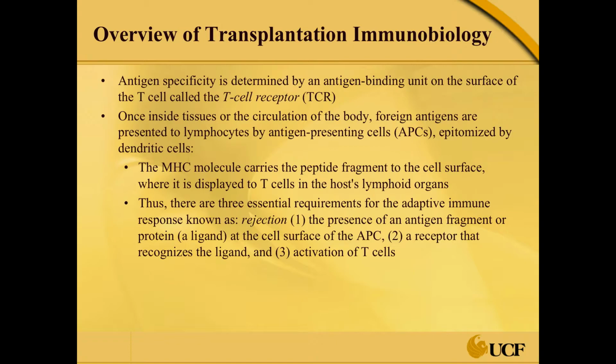Thus, there are three essential requirements for the adaptive immune response known as rejection. The first is the presence of an antigen fragment or a protein, what we call a ligand, at the cell surface of the APC, a receptor that recognizes the ligand, and then finally activation of the T cells.